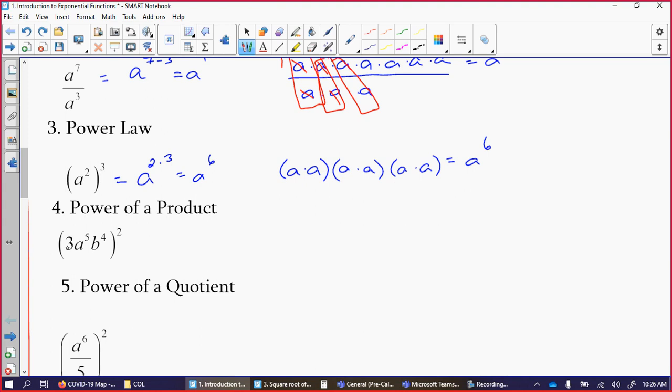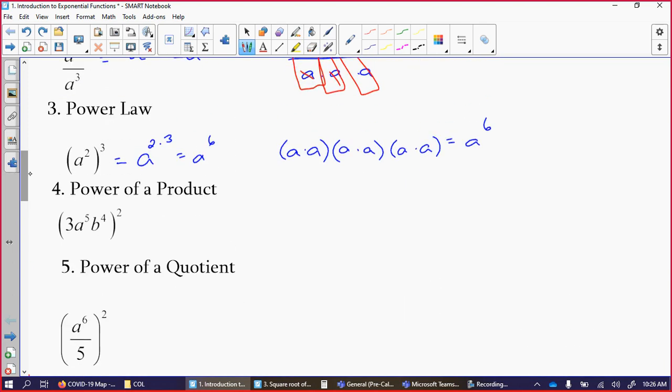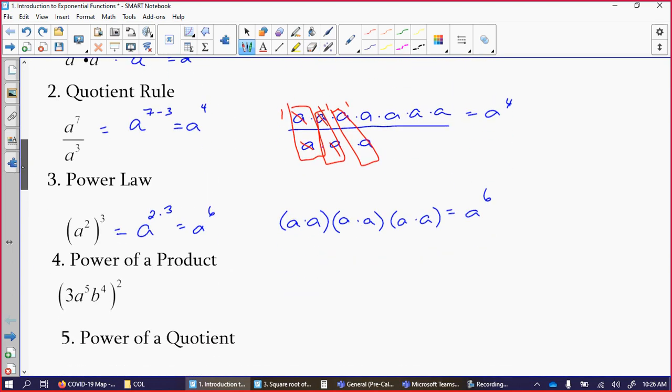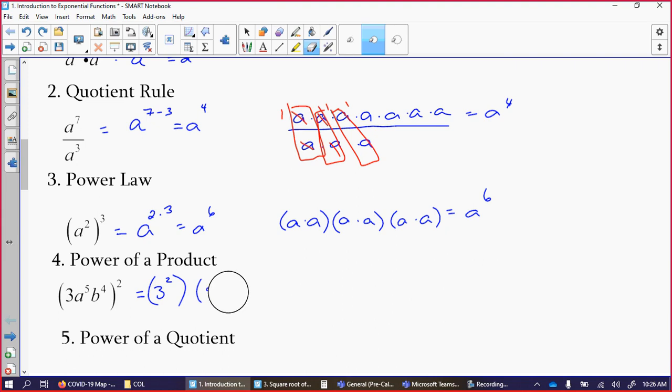Power of a product and power of a quotient are kind of combining these things. If we have power of a product, we're going to take that 2 and just basically do it as if, well, I have 3 squared, a to the 5th squared, b to the 4th squared.